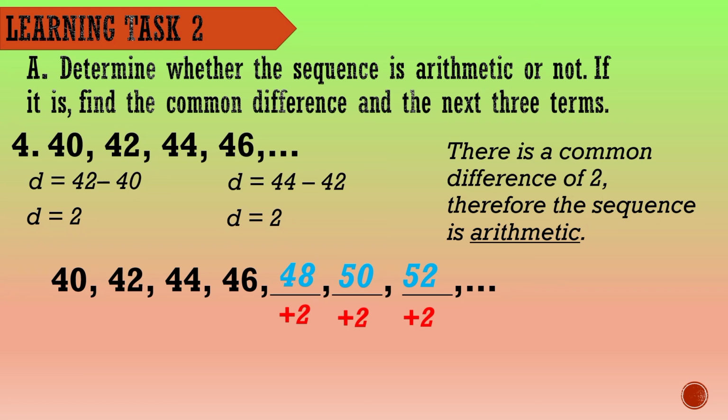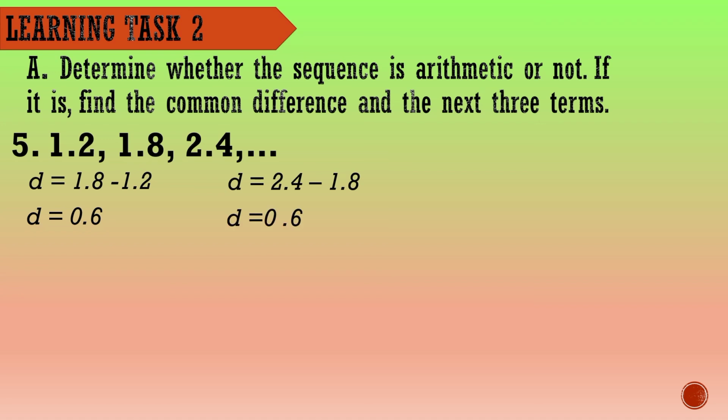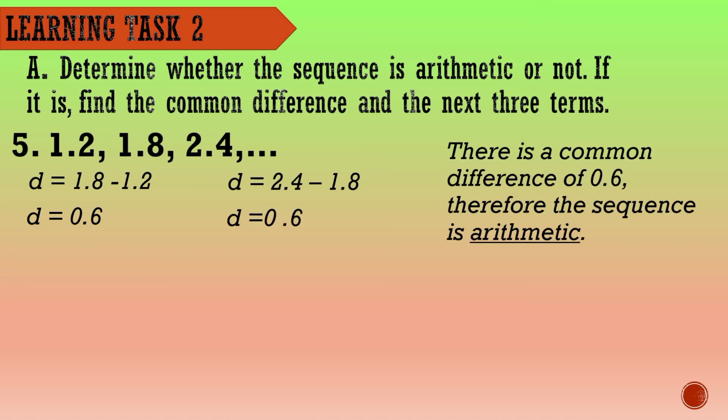Sa number 5 naman, we have 1.2, 1.8, 2.4. So, pwede rin naman sa decimal ang sequence. Ano po? So, let's find the difference. 1.8 minus 1.2 is 0.6. 2.4 minus 1.8 is 0.6. The differences are the same, so we have a common difference of 0.6.